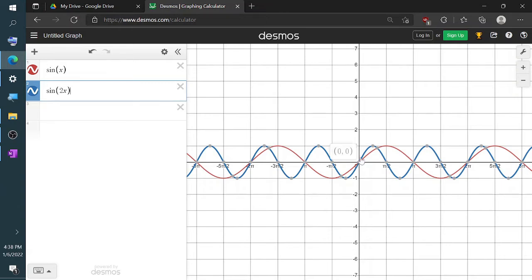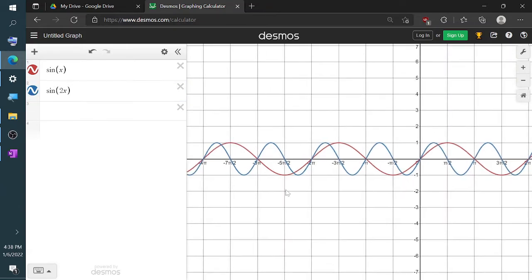And so it takes half as much time for the graph to complete one cycle. Instead of a period of 2 pi, the graph of sine of 2x has its period cut in half. Now the period is only pi units. So the period is affected by multiplying the input by a number. Notice, however, that the midline and the amplitude are completely unaffected.